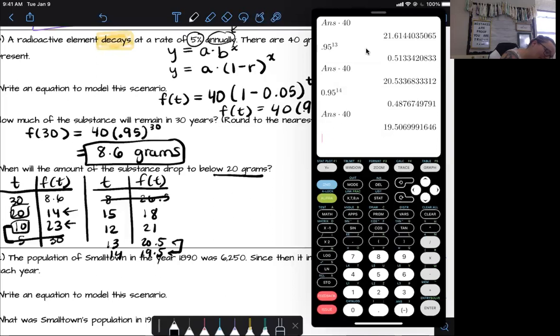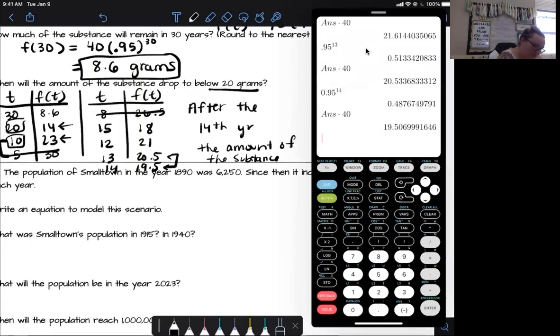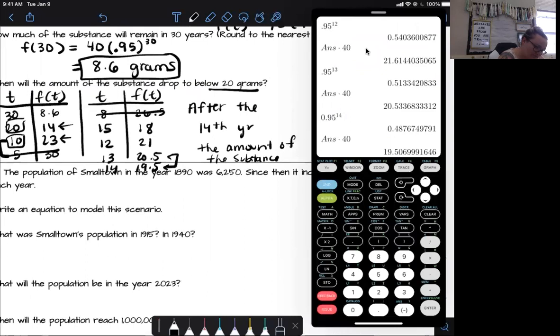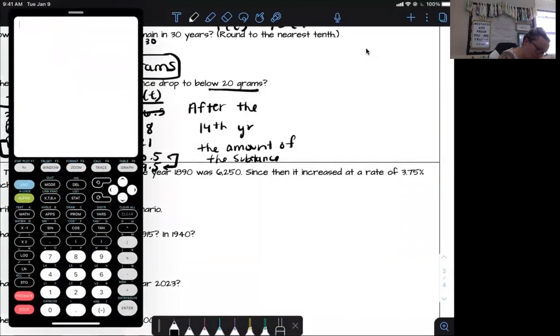So let's just say after the 14th year, the amount of the substance drops below 40 grams.